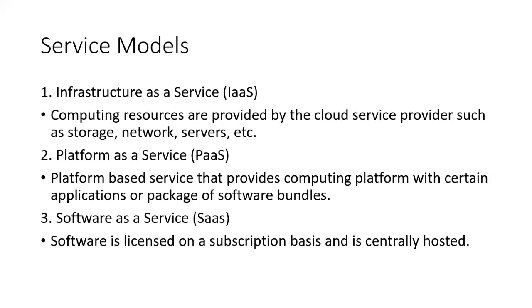Now, I don't think that if I explain the service models you will be able to understand, but still I'll try to explain with a simple example. First, infrastructure as a service. We provide certain simple services so that other people can buy these services and utilize them in their software or in their services.